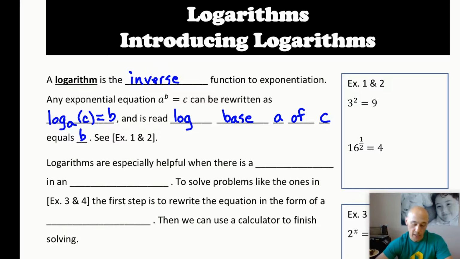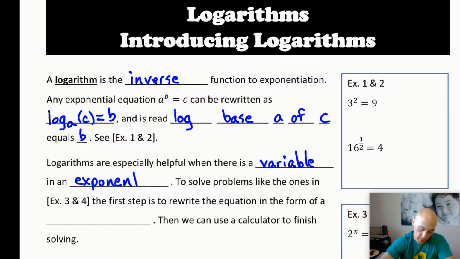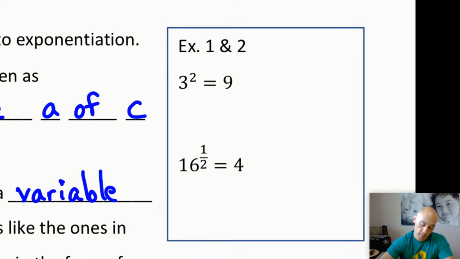Logarithms are especially helpful when there is a variable or an unknown value in an exponent. So we're going to see that's when these things become really helpful. So let's look at example 1 and 2.